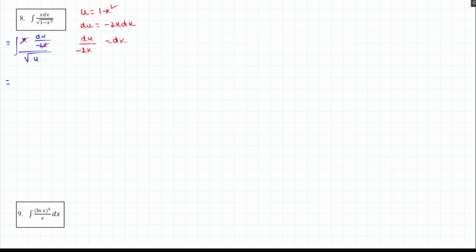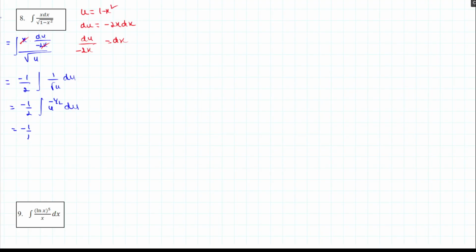The negative 1 half can be factored out here. So that is negative 1 half integral 1 over square root u du. And this one is 1 half, so this can be written as a rational exponent, u power 1 half, and it is moved to the numerator, that becomes u power negative 1 half du.